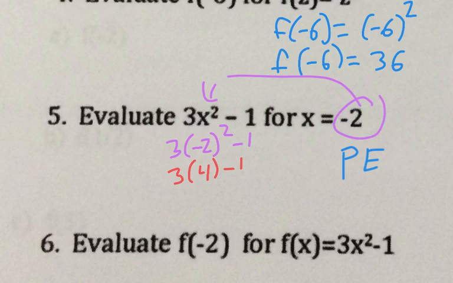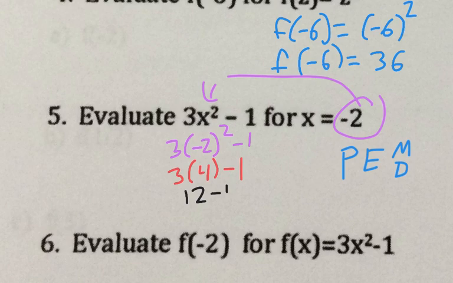We do parentheses, we do exponents. Next we do multiplication and or division at the same time, left to right. We go left to right. So whichever one we see first, from left to right. You guys knew that, right? So do I have any multiplication or division? Yes, multiplication. 3 times 4 is 12.